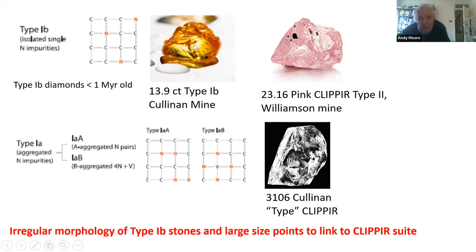These are young, there's no question about that. I don't think that's debated. And so the fact that every one of the parageneses shows a range from nitrogen-free to nitrogen-bearing, I don't think the clippers need to be different from that. And they've actually shown that there is a range. There's some debate as to what you should call a clipper diamond.